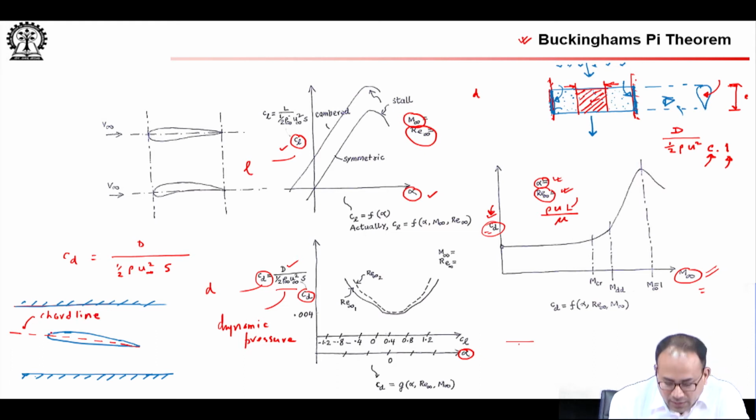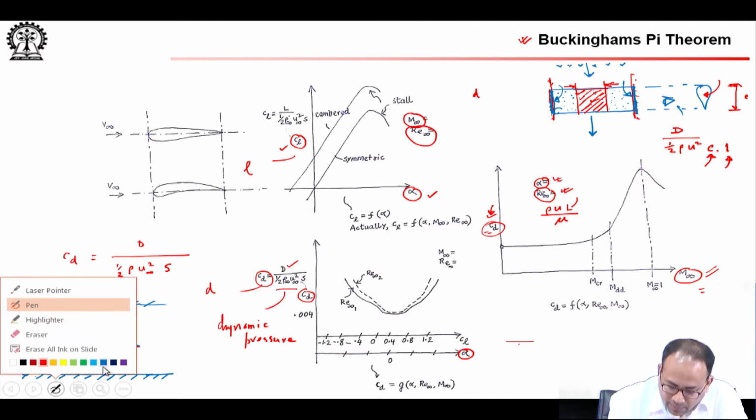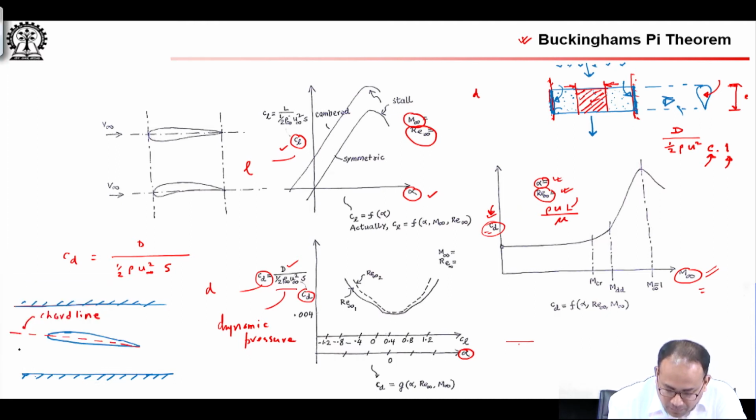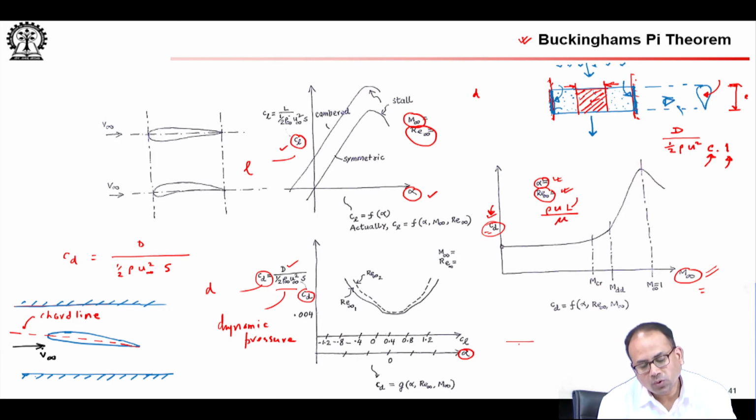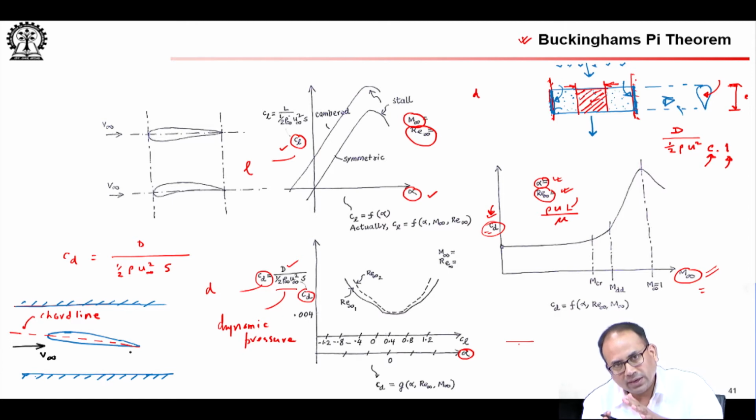Now, in the wind tunnel, your velocity would most probably be horizontally directed. You should go a little upstream, because if you come very close to the wing, since it is subsonic testing, the presence of the wing will influence upstream, as the flow will start moving away from the wing a little upstream of it.